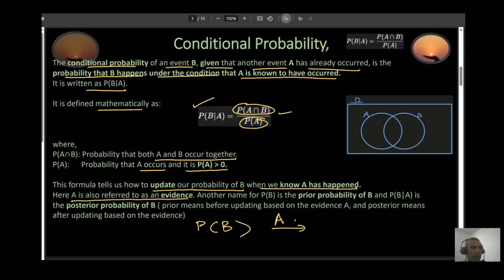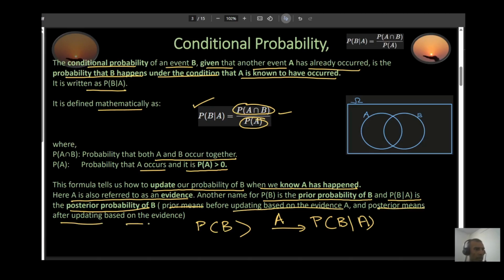Based on the observation of evidence A, you update your probability of B, and this is written as the probability of B given that A has happened. The probability of B is also called the prior probability of B, and the probability of B given A is called the posterior probability of B. Prior means before updating based on the evidence A, and posterior means after updating based on the evidence A.